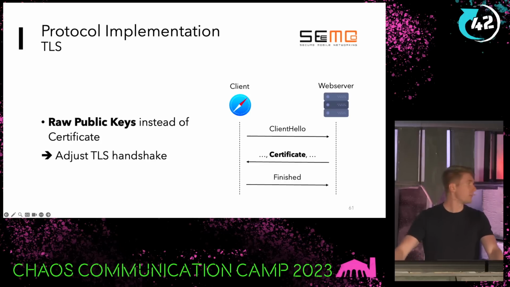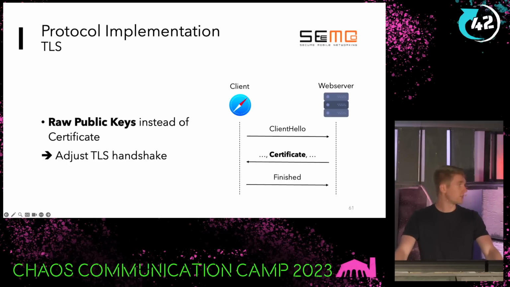We need to make some adjustments to part of that implementation. For example, in the TLS layer, because the white paper mentions that the TLS handshake does not use a certificate for authentication, but raw public keys.